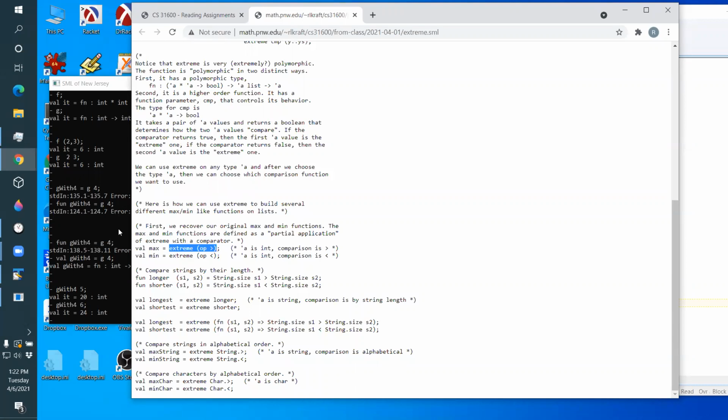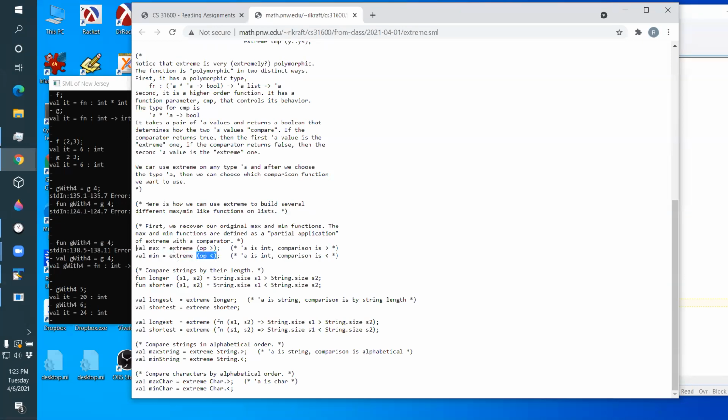And this is actually how many library functions are done. In ML, you have this really interesting style of programming where you can write a very general purpose curried function, and then by giving it one of its parameters, like the greater than or less than, you can build other library functions. So max is a special case of extreme, and min is a special case of extreme. Max is extreme with that comparator, and min is extreme with that comparator.